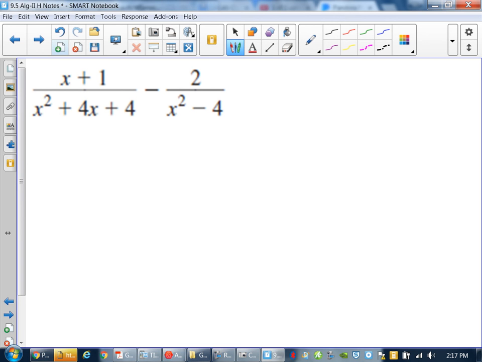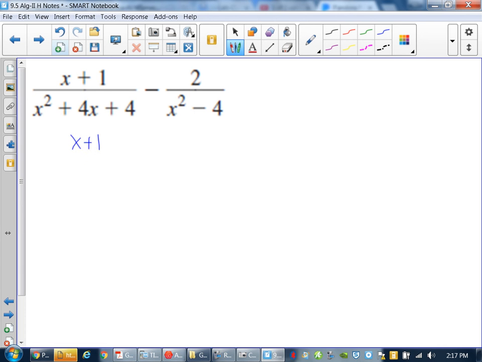It means you don't have to write it down and then factor. As you're reading the problem, you say, hey, what times what is 4 that I add together and get 4? 2 and 2.